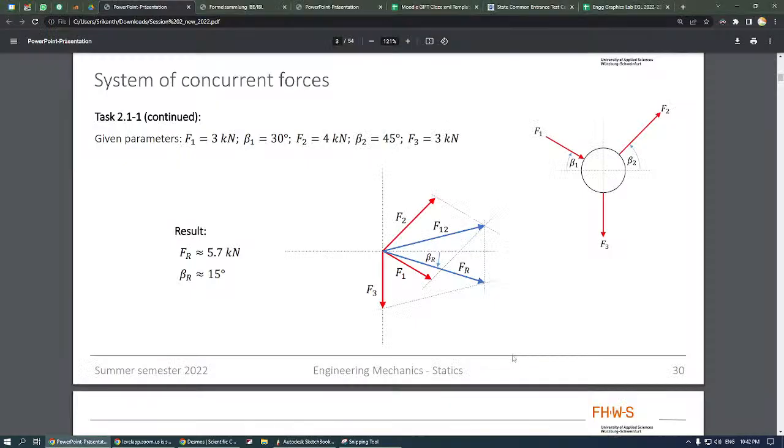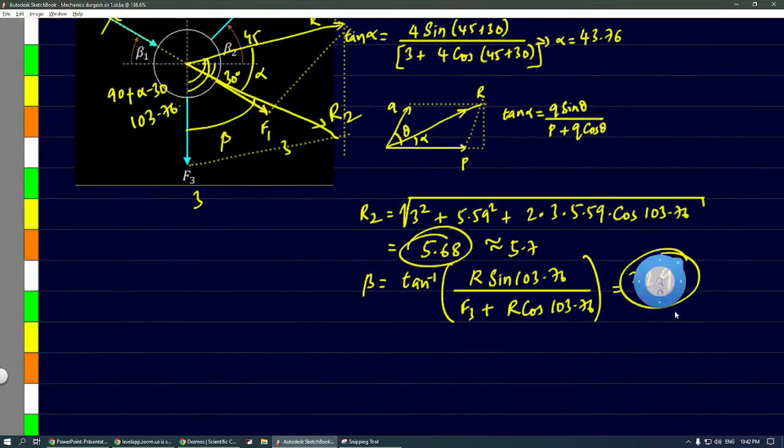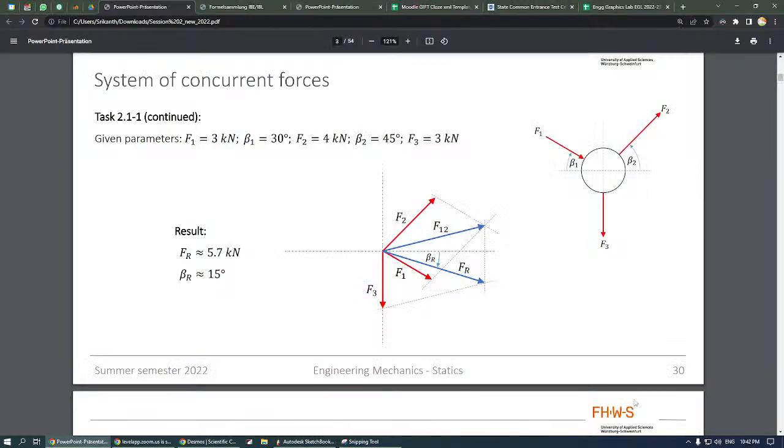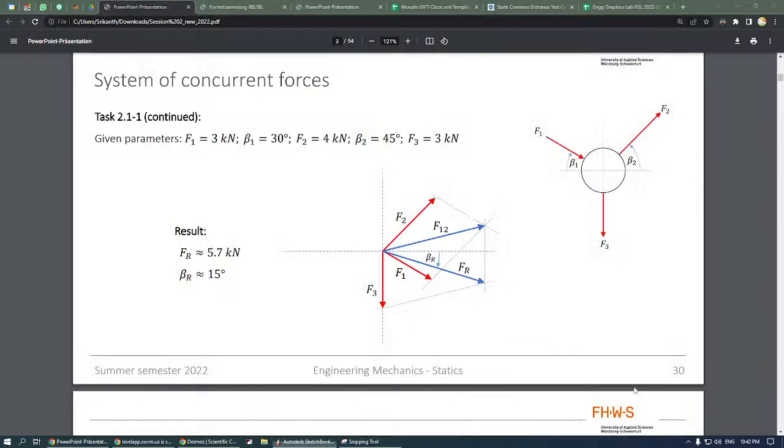Yes, sir. And the angle is 15 degrees. I think he is measuring it from horizontal. We have measured from vertical, right? If you take 90 minus 73, you will get 17 degrees. It's near enough, approximately.